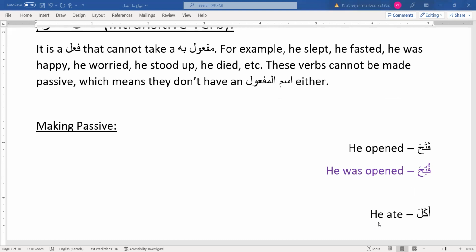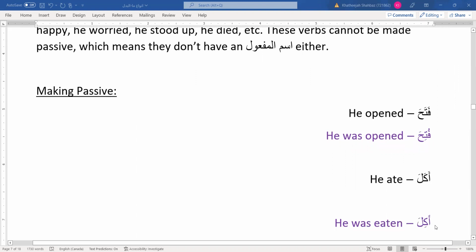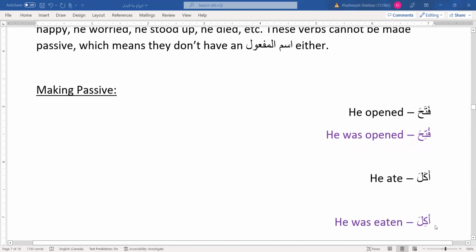We can add, like he ate his food, he ate ice cream, he ate a banana. So this is al-fi'l al-muta'addi because it can take a maf'ul bihi and therefore it can be changed to passive voice. What will be the passive voice? Ukila, he was eaten.